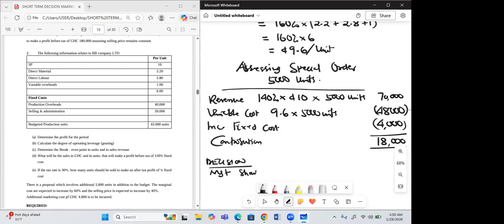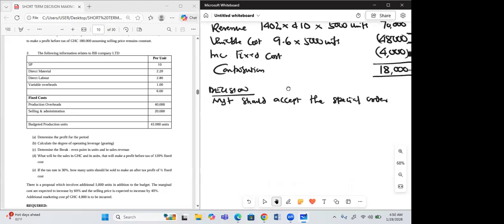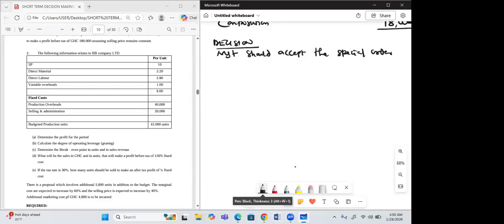Management should accept the special order since it will generate a contribution of 18,000.